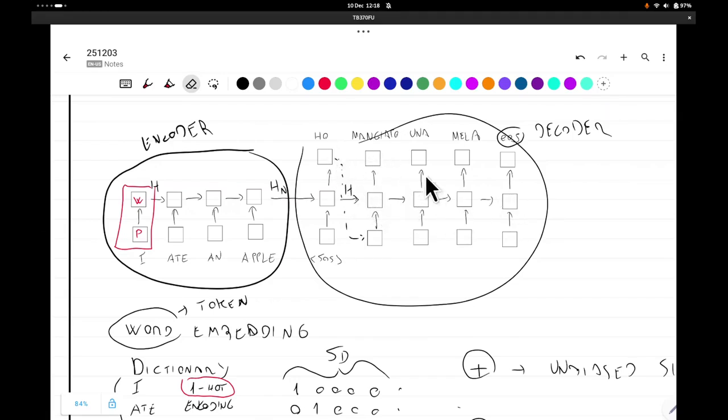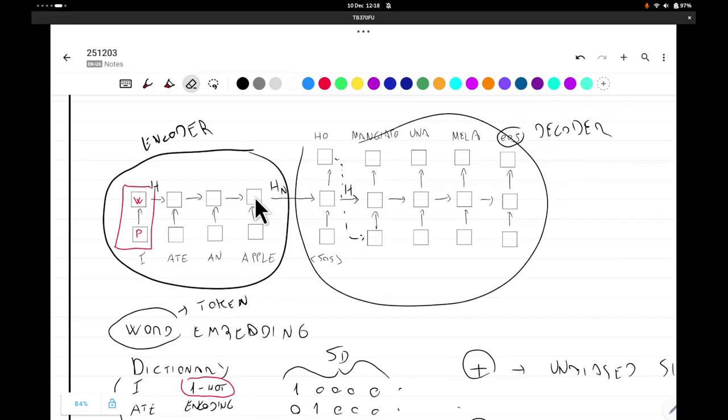So basically, this hn will get diluted by the new output coming out from the network. This could be an issue for long sentences, where before the end, the information is a little bit lost.